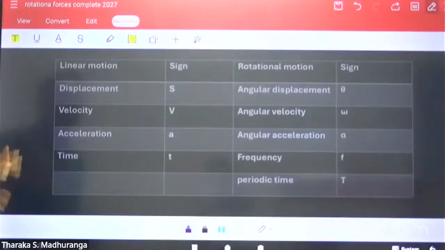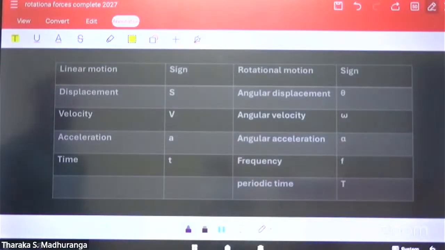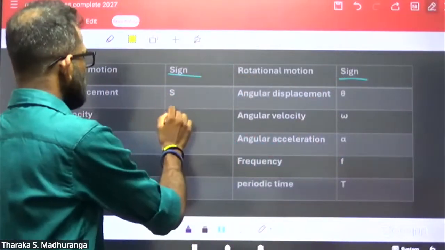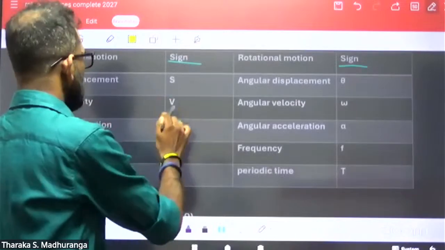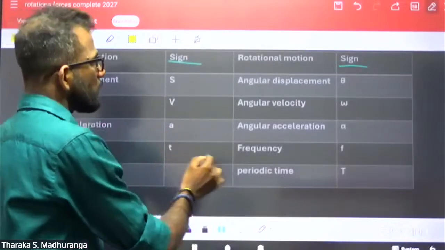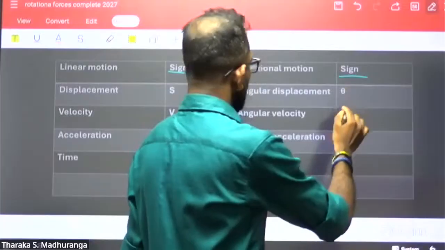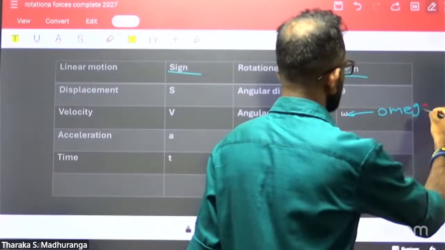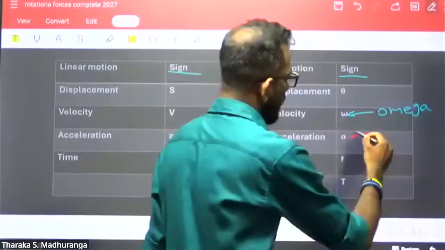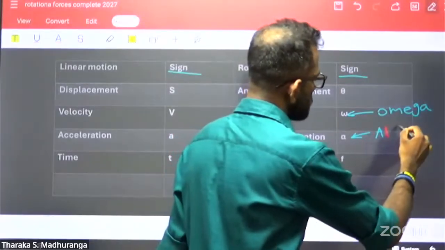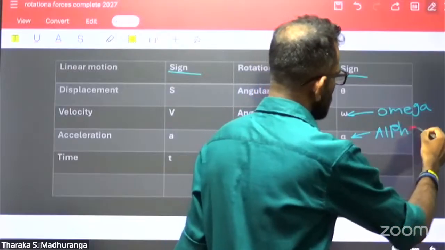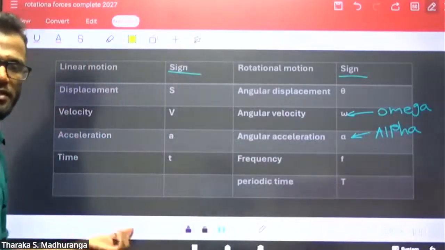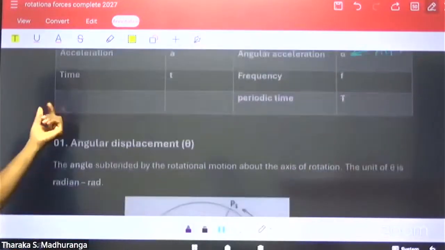Sign means symbol. Displacement S, velocity V, acceleration A, time T, angular displacement theta, angular velocity omega, angular acceleration alpha, frequency simple f, periodic time capital T. Correct.